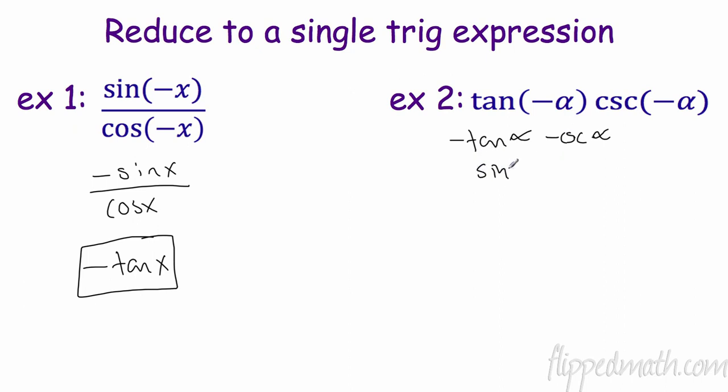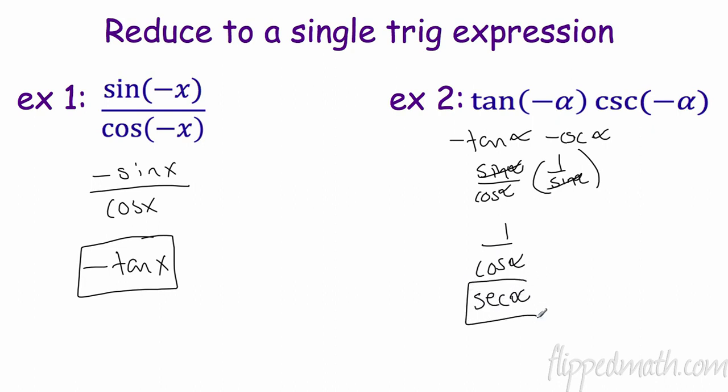This is going to be sine alpha over cosine alpha times cosecant, which is 1 over sine alpha. These cancel, we're left with 1 over cosine alpha, and reduce that down, what is that really? That's secant alpha.